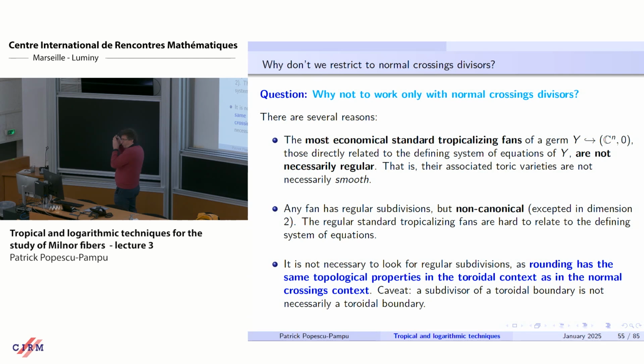So in fact, if what we want is to understand tubular neighborhoods functorially using log structures, then we do not need to bother about regular subdivisions. This does not mean that one does not need to bother about them in other problems. But here, we could avoid this.